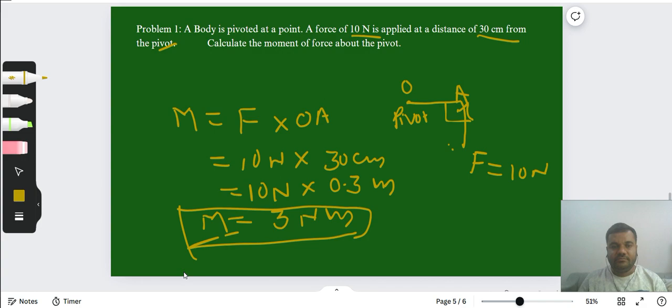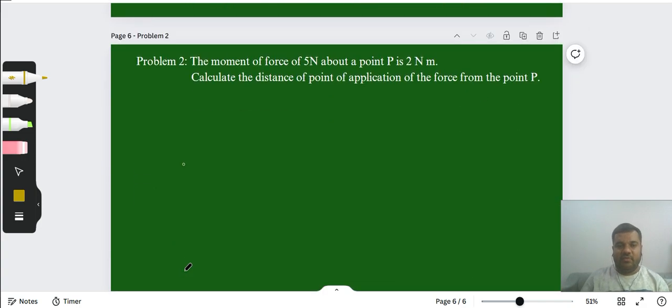Now we'll go to one more example. The moment of a force of 5 Newton about point P is 2 Newton meter. Here one pivot point P is given, and the force F equals 5 Newton.